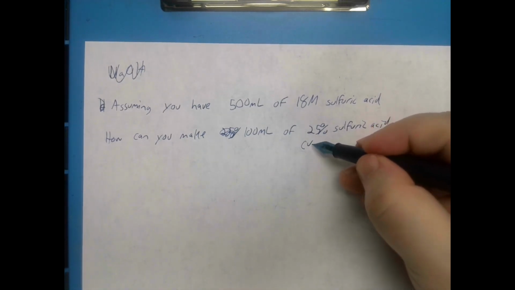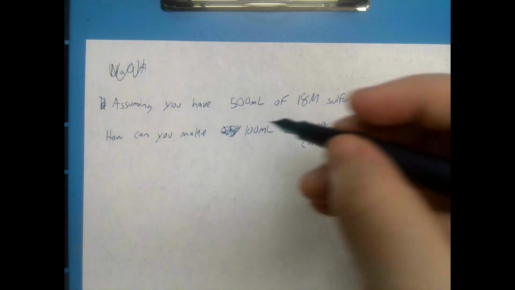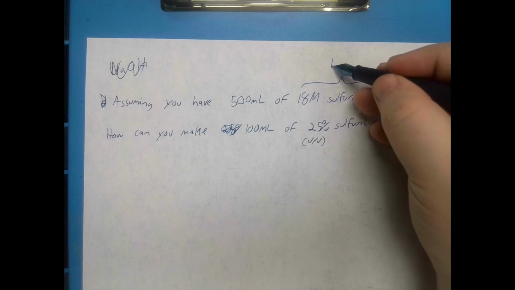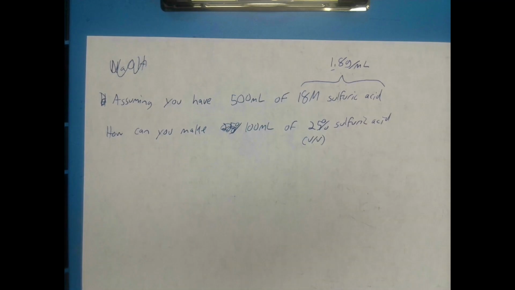And the percentage is volume per volume. And the density of this is 1 gram per milliliter, or 1.8 grams per milliliter.